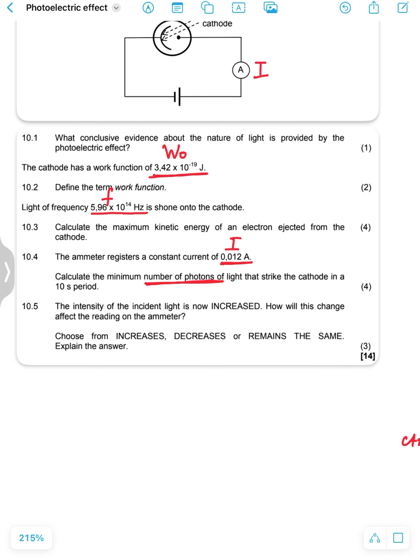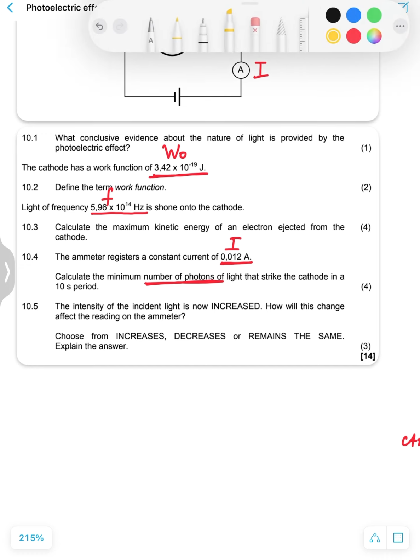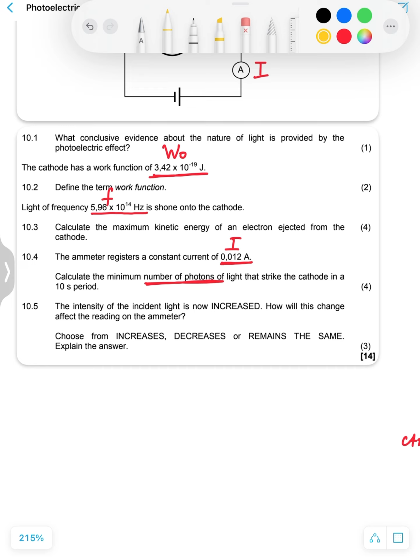How will this change affect the reading on the ammeter? What an ammeter does is measure the current, or the rate of flow of charge, or the rate of flow of electrons.